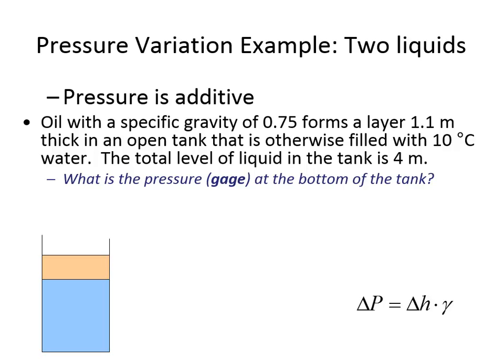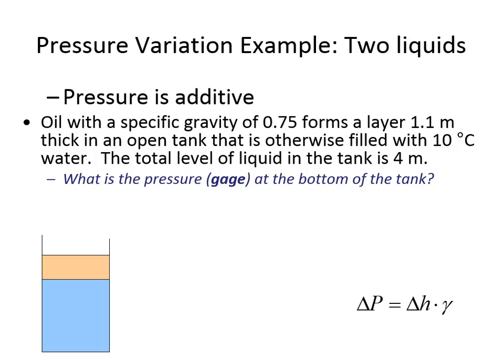Now it's not that straightforward when we want to find the unit weight, and in this case it's actually the unit weight that's more relevant because that's the factor that we use in finding pressure changes. But all we have to say is that the oil unit weight is 0.75 times the unit weight for water.